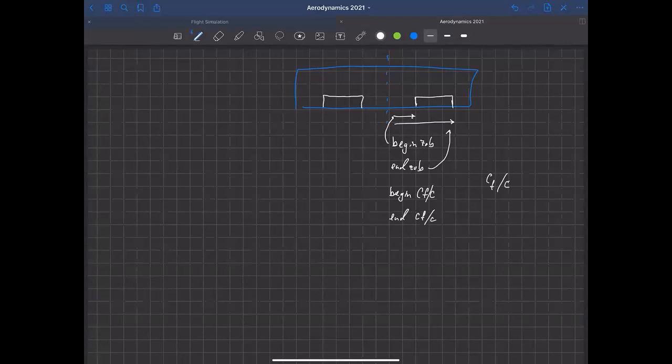So this is just a percentage of what this length is compared to the entire chord at that same location. That's what cf over c is. It's just a percent of the chord that is a flap. These are usually somewhere around 20% for a lot of aircraft. 15 to 30%, I guess, is a normal range.